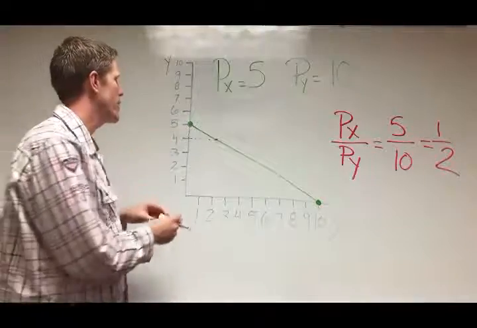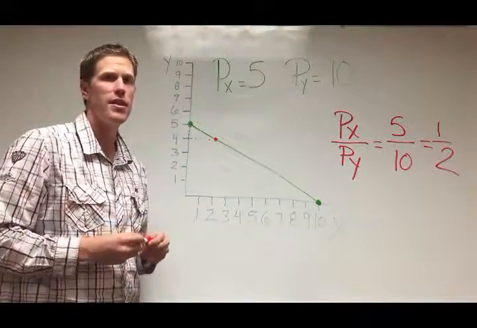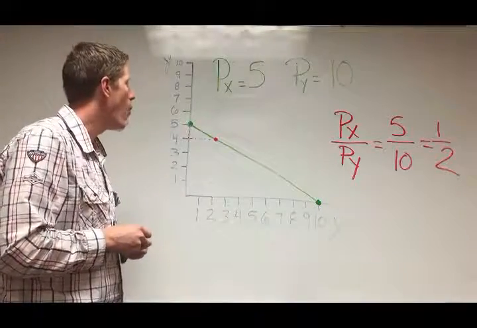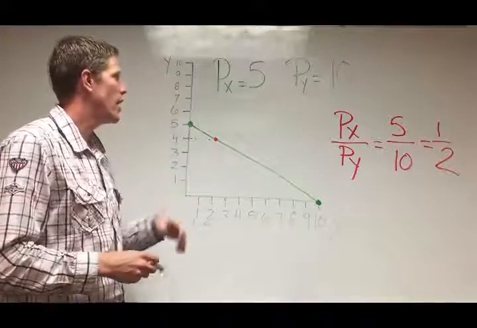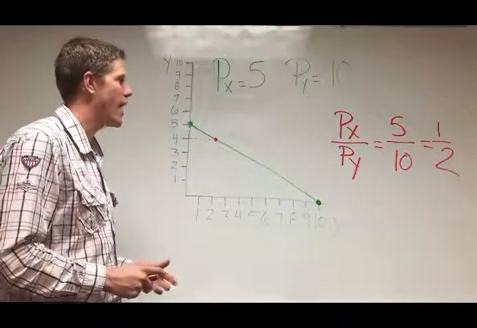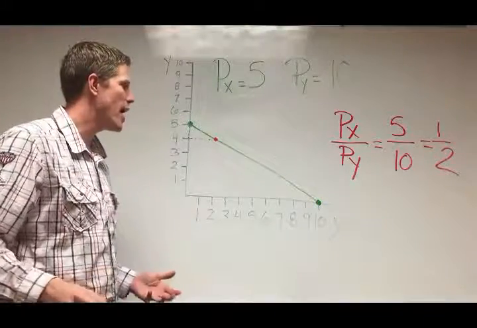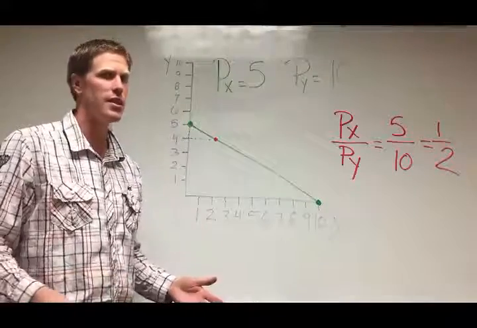If we were at 4y, and y is $10 a piece, that would be $40 on y, and 2x, that would be $10 on x, so we would have $50 spent, and we would have our budget of $50 completely spent, okay?